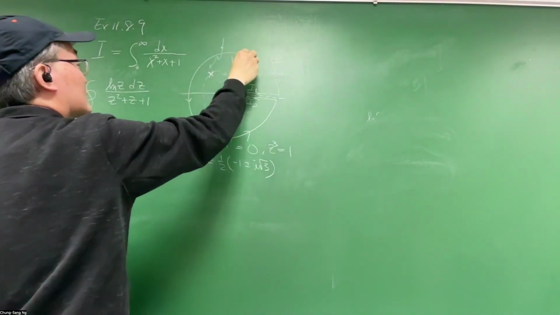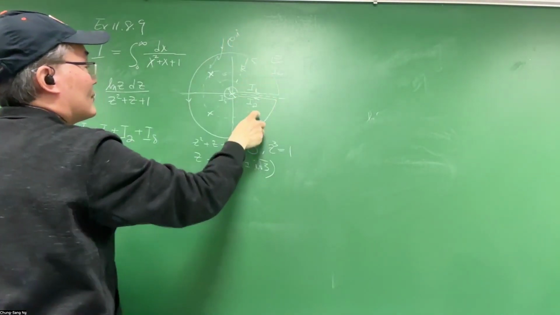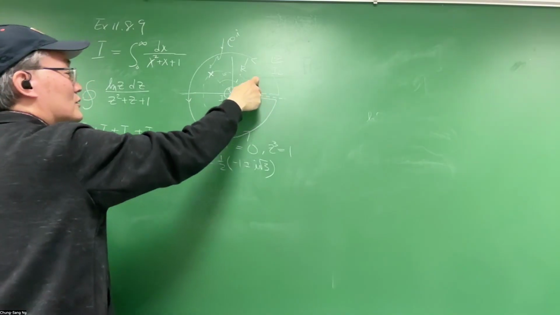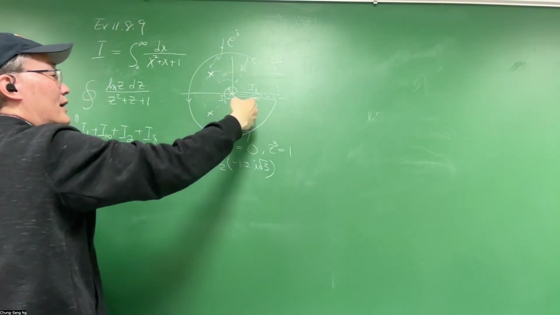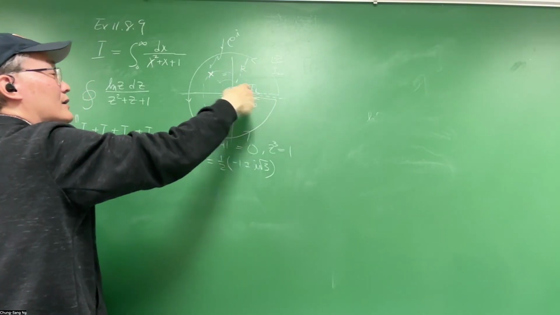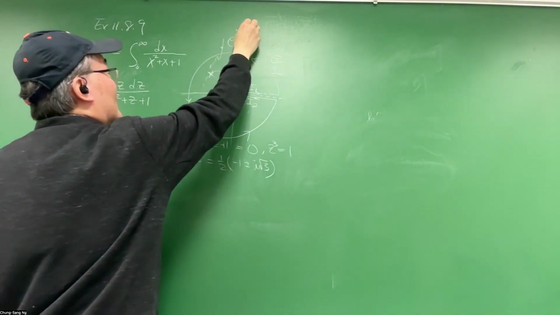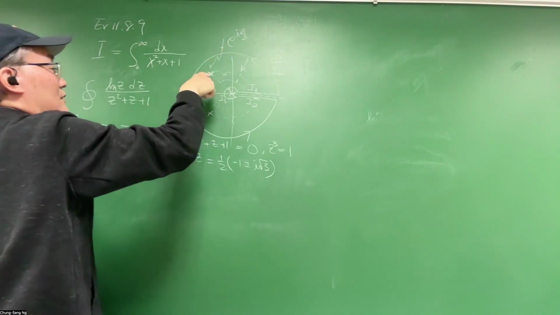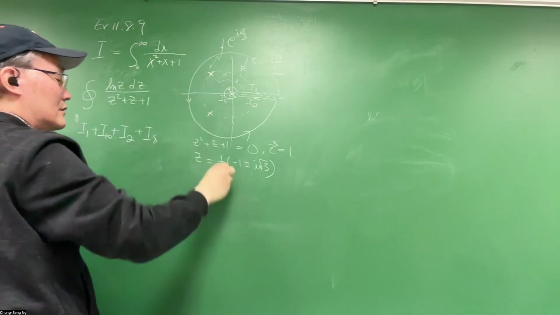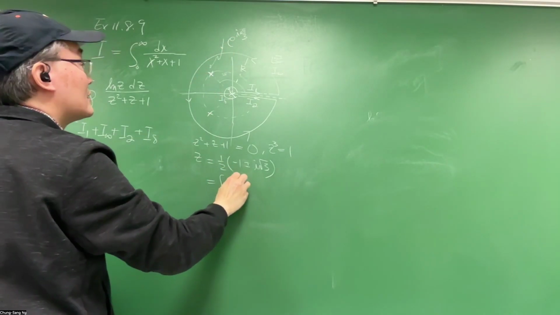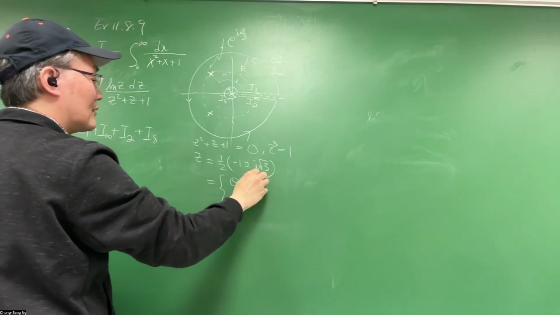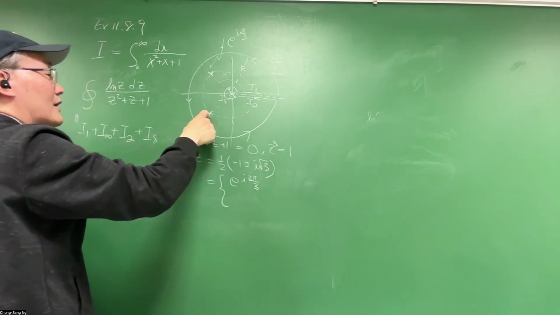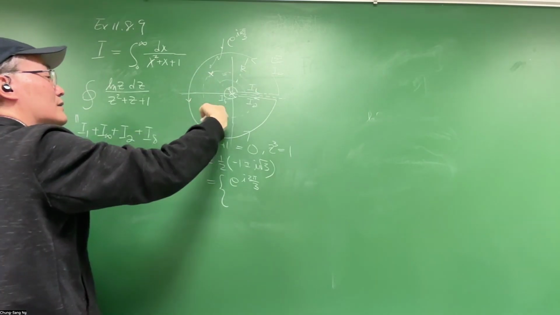So this is e to the i. By choosing this branch cut, we can choose the range of the polar angle from 0 to 2 pi. So this is equal to e to the i 2 pi over 3. But for the other one, we keep theta going.